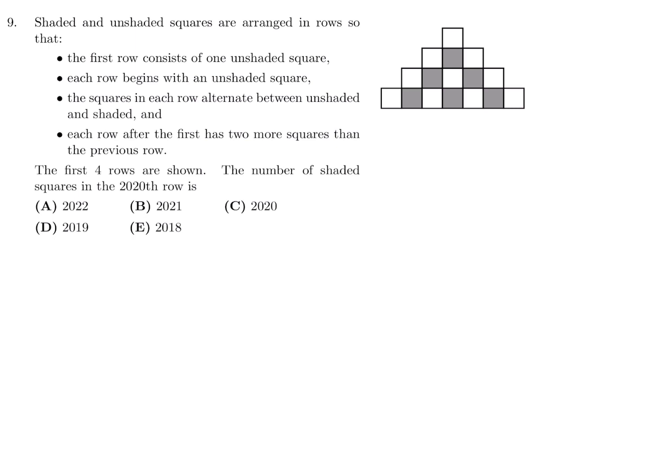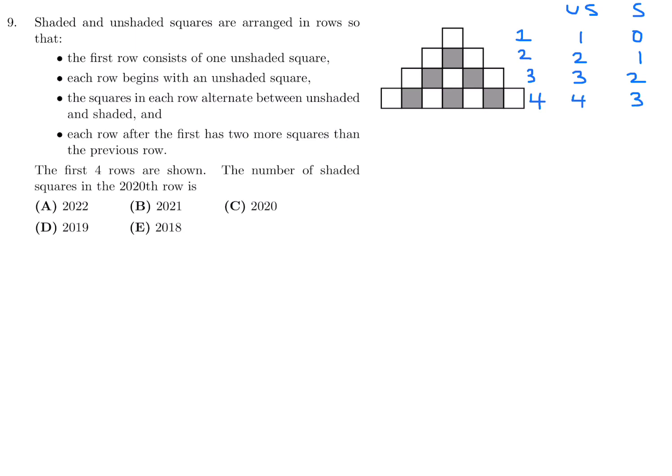Well, let's see, let's make a little table. We have row number 1, 2, 3, 4, and then we have the number of unshaded and shaded. In the first row, we have 1 unshaded, 0 shaded. In the second row, we have 2 unshaded, 1 shaded. In the third row, it is 3 and 2. In the fourth row, it is 4 and 3.